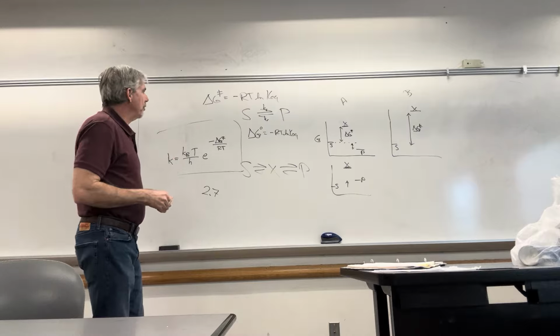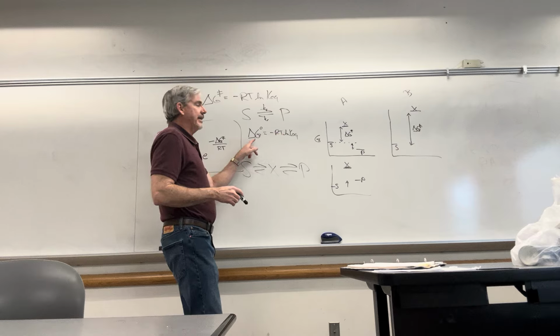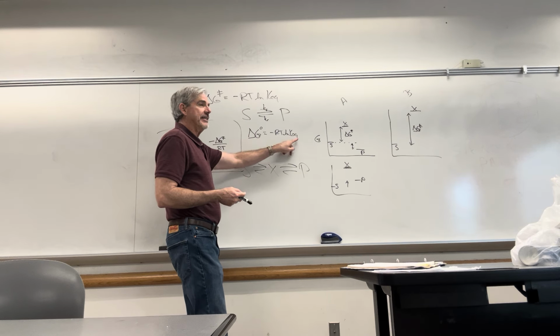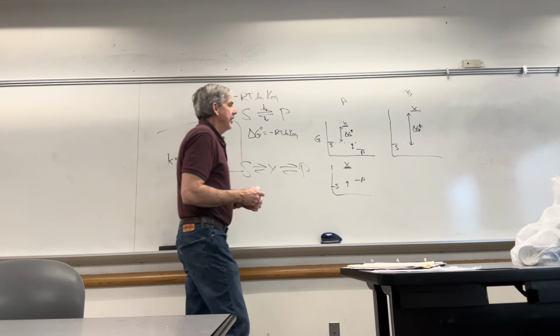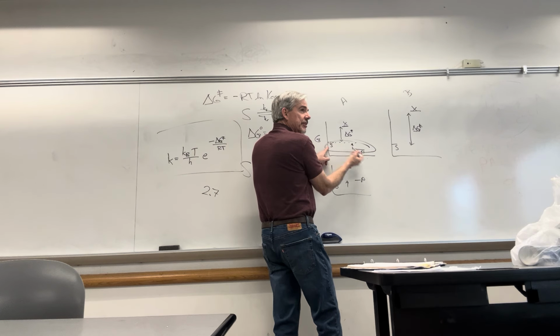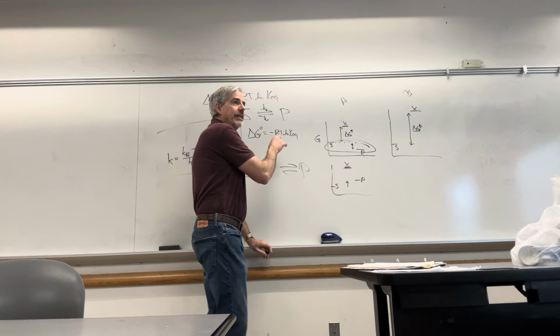So if I know an equilibrium constant, I can calculate a delta G, or if I knew a delta G, I could calculate an equilibrium constant. So what's going on here, the difference in energy between substrate and product, that's dictating your overall equilibrium.